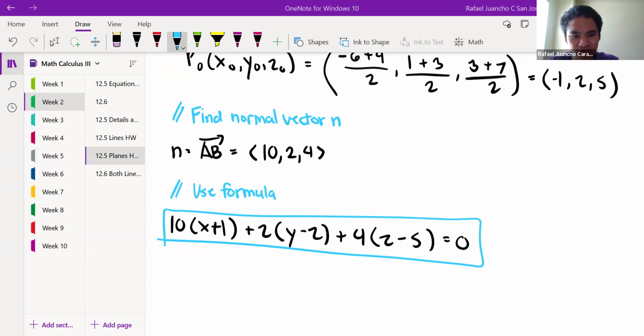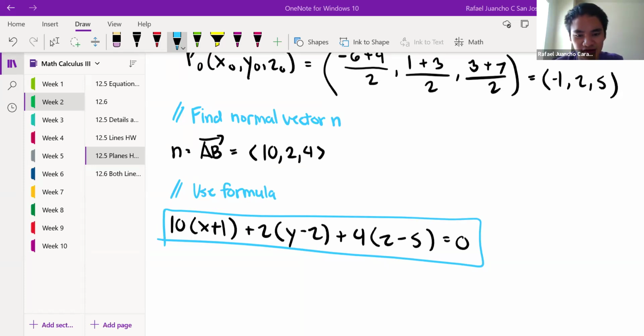Okay, let's do this. So I'm gonna plug in the numbers here. 10 times x plus 1, plus 2 times y minus 2, plus 4 times z minus 5 is 0, right?